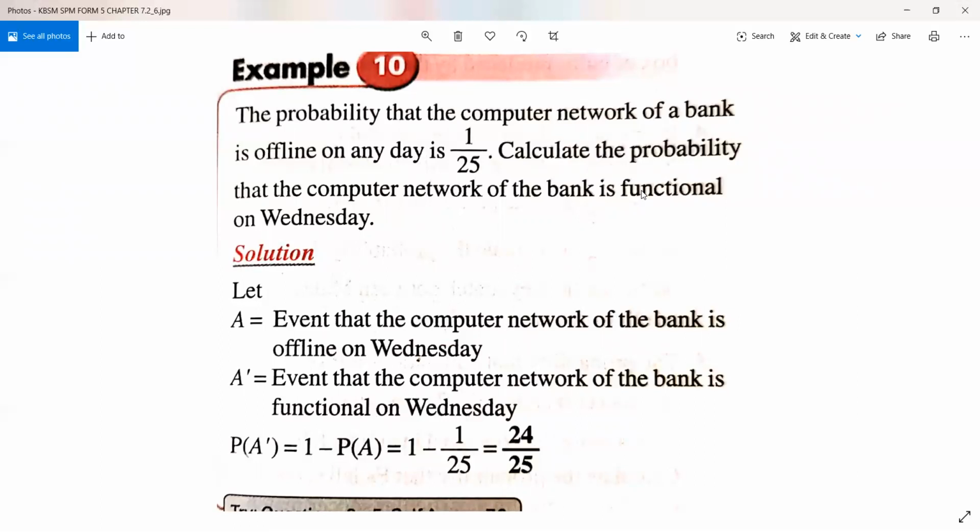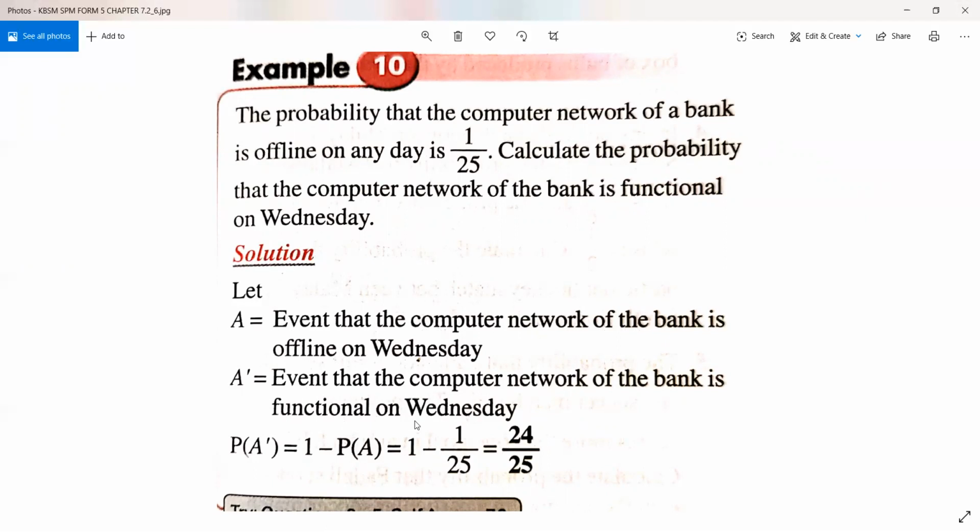Let A be the event that the computer network is offline on Wednesday. A prime is the event that it is functional on Wednesday, directly the opposite.